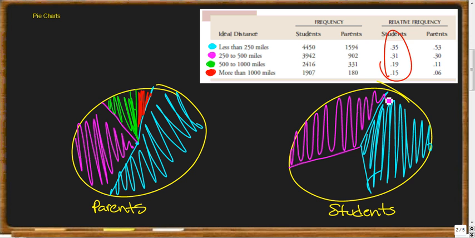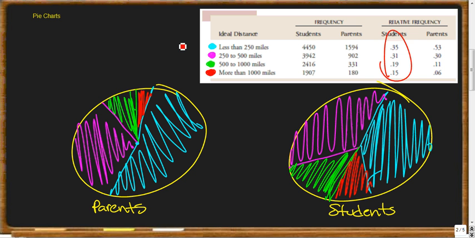And then we have 19 and 15% for green and red. So these are just rough eyeball sketches of these. But you can see the difference between how these graphs are approached on both ends.